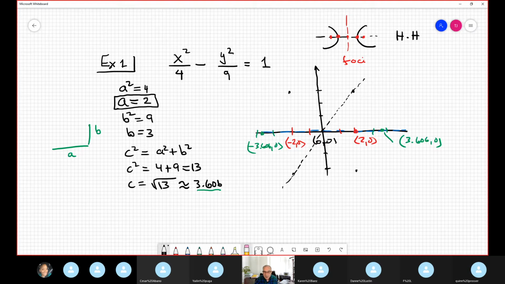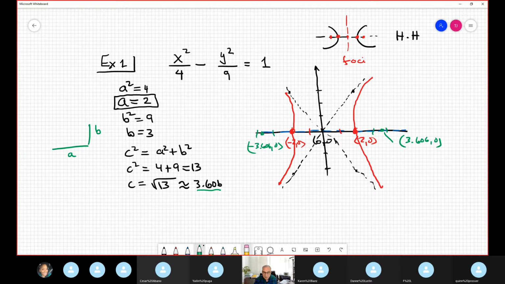The equation of this asymptote is an important piece of information. Now, a rough sketch of the hyperbola: it passes through this vertex, opening in that direction asymptotically, and in that direction asymptotically.